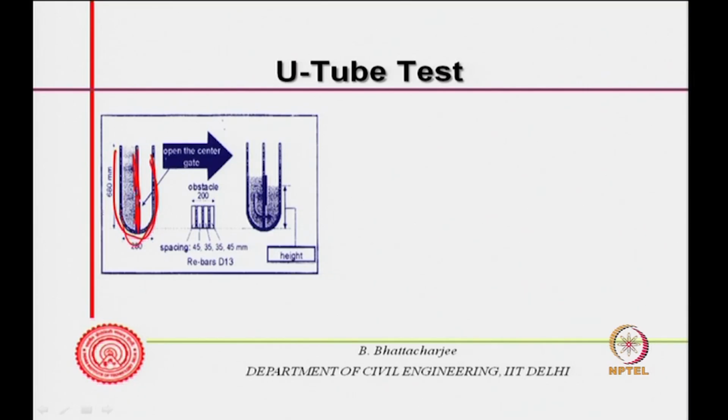Dimensions are of the order of around 660 mm, 260 mm, 280 mm, 680 mm and so on, and there is a gate which I can open. There is also an obstacle, the reinforcement bars, actually 16 mm bars, with spacing between them. What you do is lift this gate up and allow the concrete to move from here.